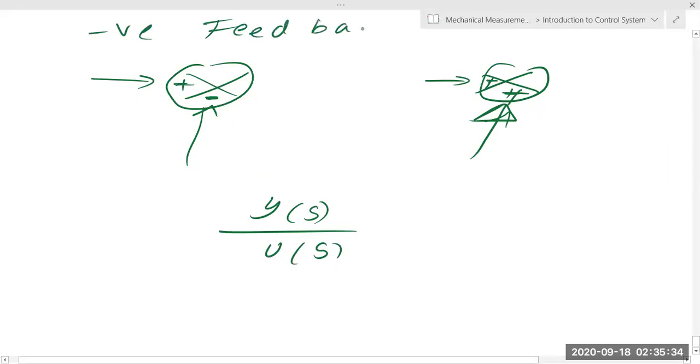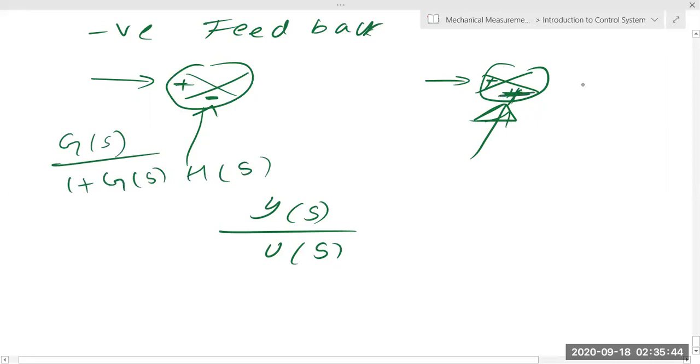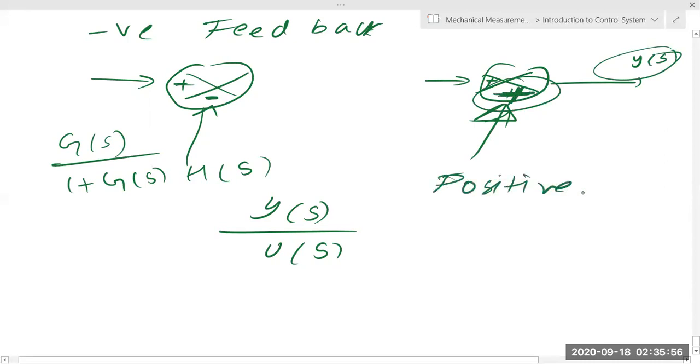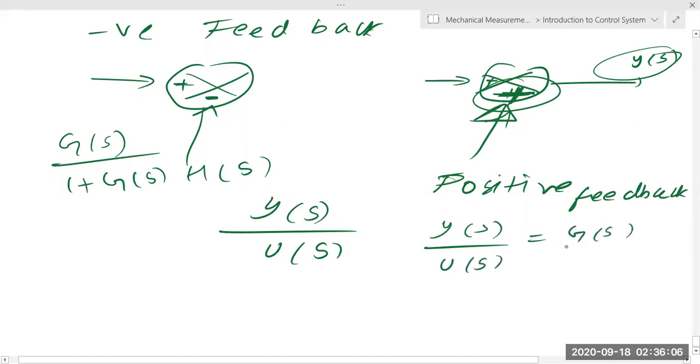What we studied now, the negative feedback system has the transfer function g of s upon 1 plus g of s into h of s. And for the positive feedback system, where we want to increase the output because the output that we have is less, y of s upon u of s will be equal to g of s upon 1 minus g of s into h of s.